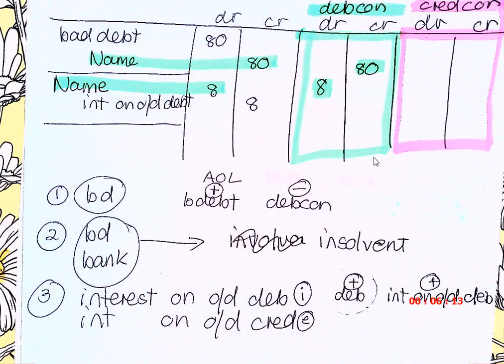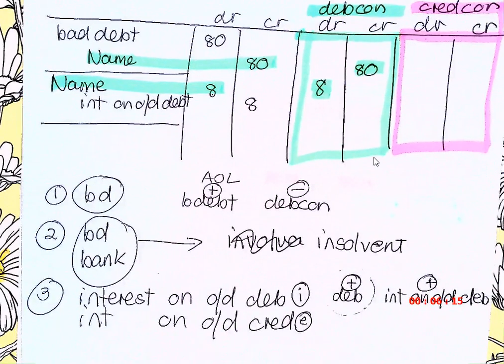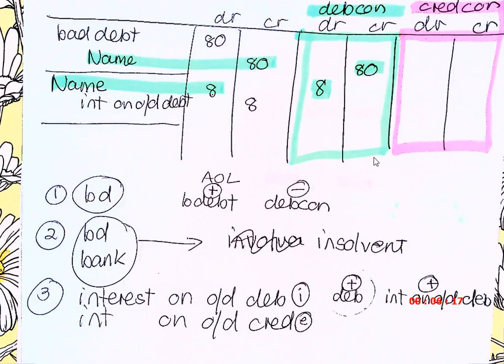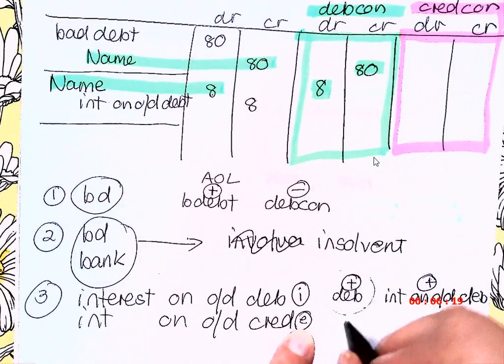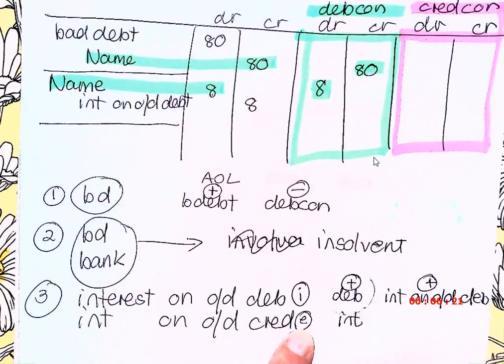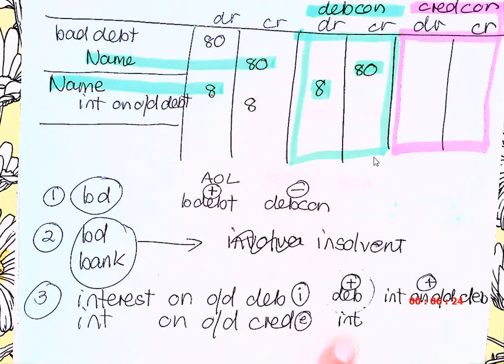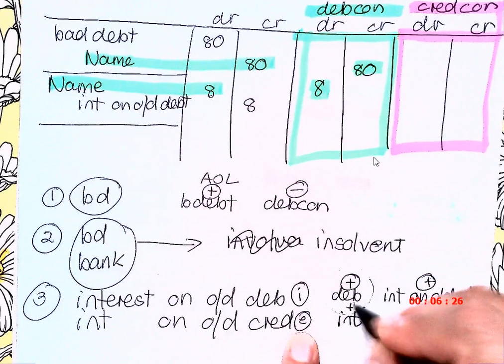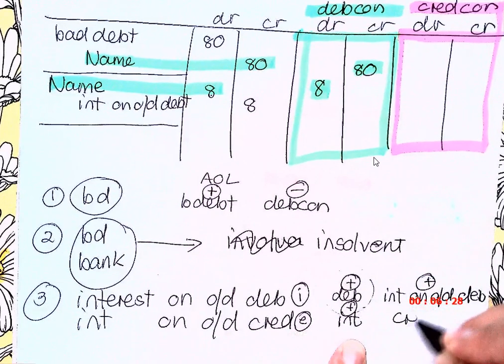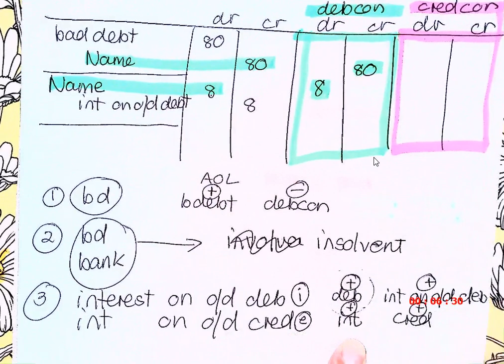Now let's do the credit. So now the creditor is going to charge me interest. So now I know that interest, and I'm not going to write it out, is now an expense. And the creditor, my debt, is going to increase.